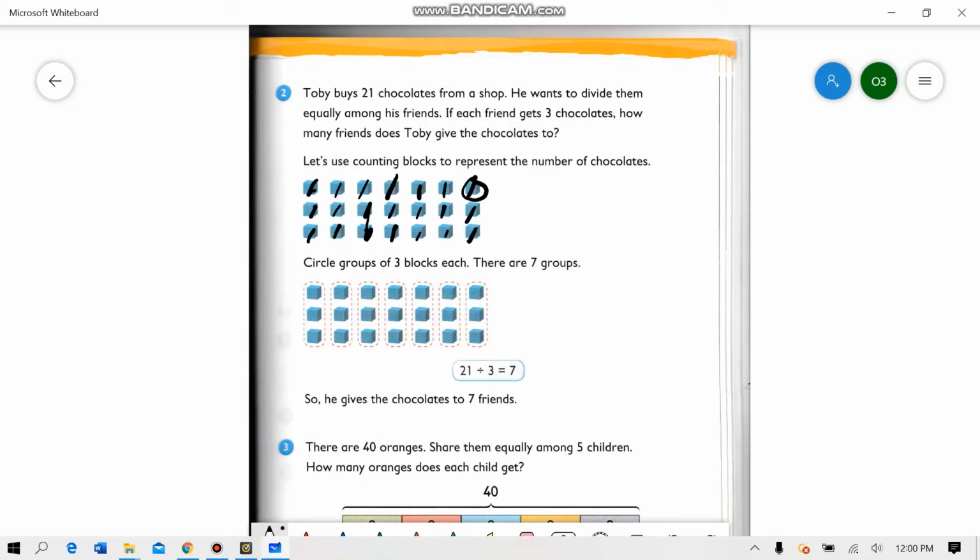Now you have to circle groups of 3 blocks each. Then we can get the number of groups. So we have 1, 2, 3, 4, 5, 6, 7. There you go. So 21 divided by 3 equals 7. So it means that Toby gave the chocolates to 7 friends. And each of his friends got 3 chocolates.